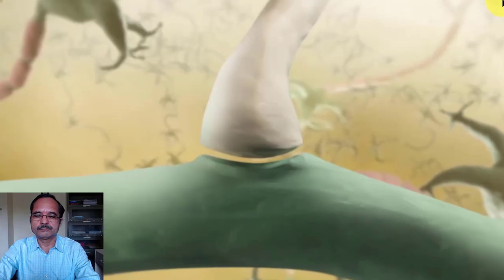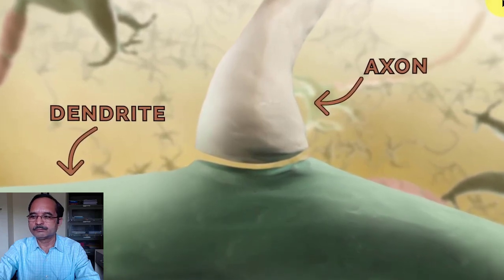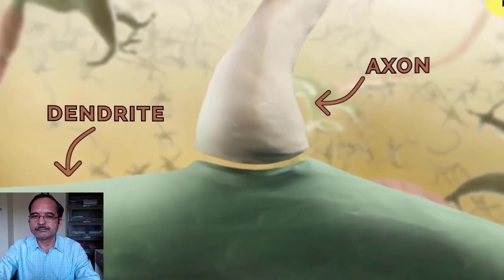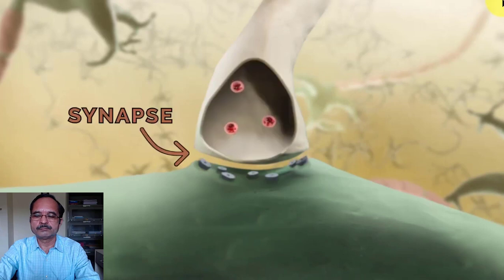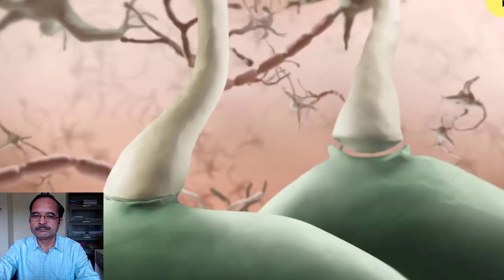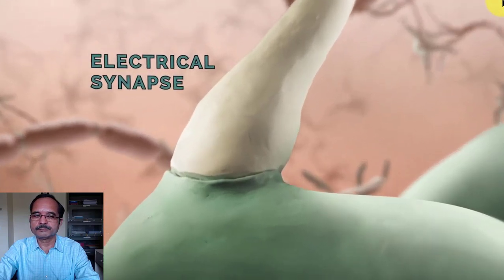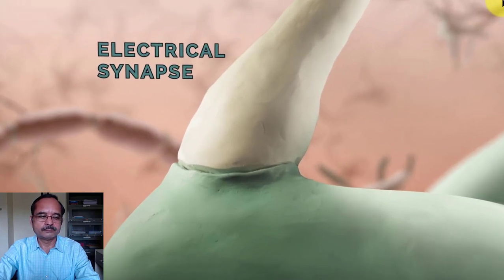So what actually happens at the boundary between two neurons, between the axon of one neuron and the dendrite of another? This interface is called a synapse. There are two general types of synapses: electrical synapses and chemical synapses. Electrical synapses are less common in our own nervous systems, but they're simpler to think about, so let's start with that.